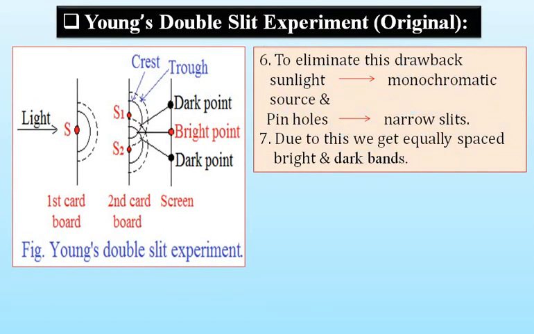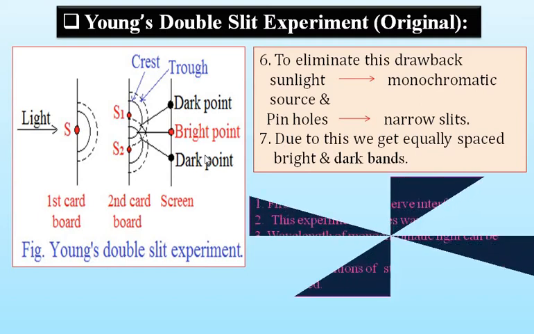To avoid this, the sunlight is replaced by a monochromatic source, and the pinholes S1 and S2 are replaced by two narrow sources, and due to this we get equally spaced bright and dark points on the screen.